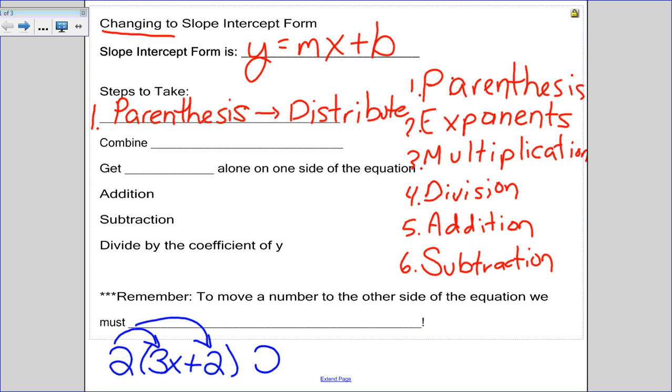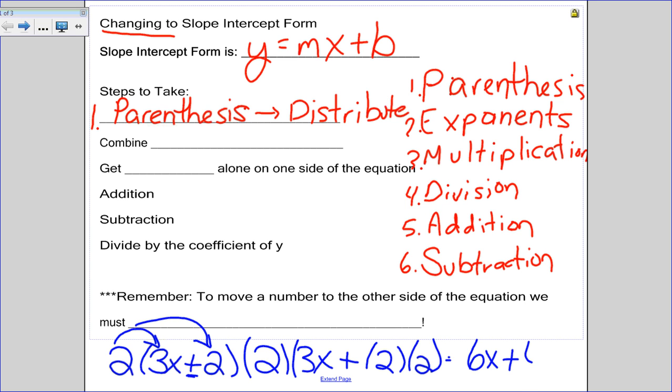So I do 2 times 3x plus, you keep that, 2 times 2, okay? I distribute and I have 6x plus 4, okay? This is step 1. If you have parentheses that need something distributed to them or multiplied, that would be your very first thing to do, okay? Your second step is to combine like terms.